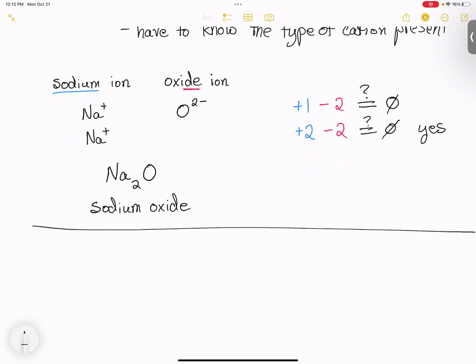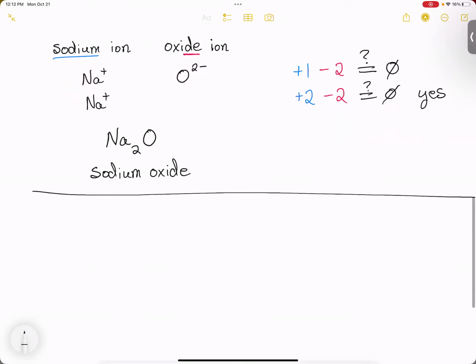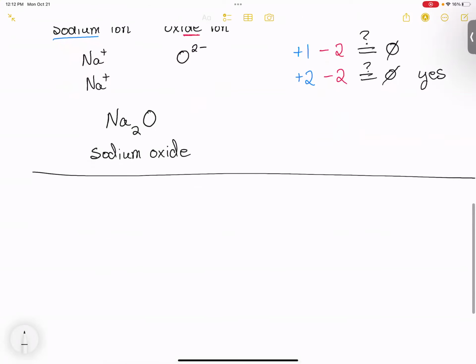Let's look at another example. Let's combine chromium-6 with sulfate.